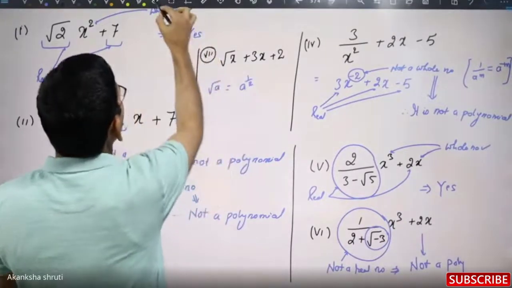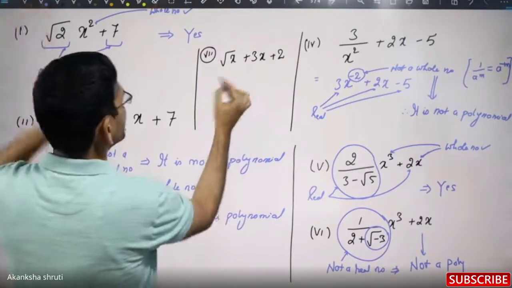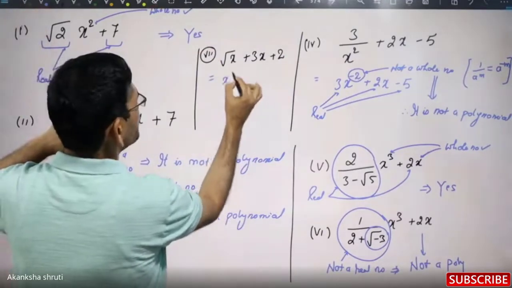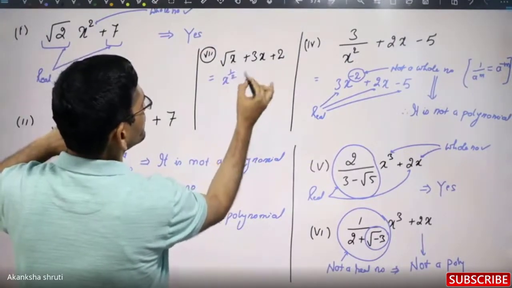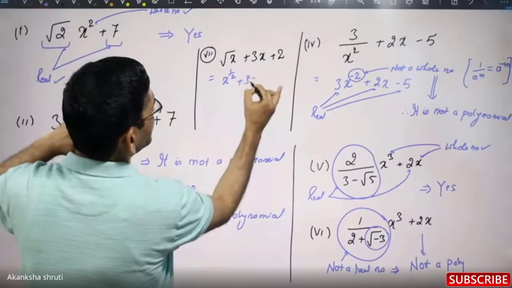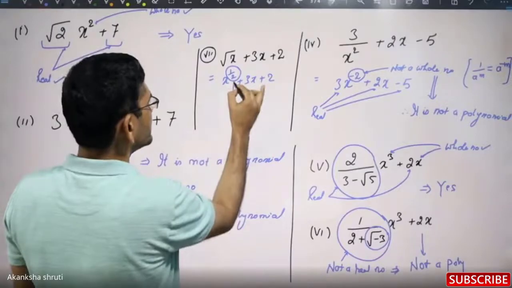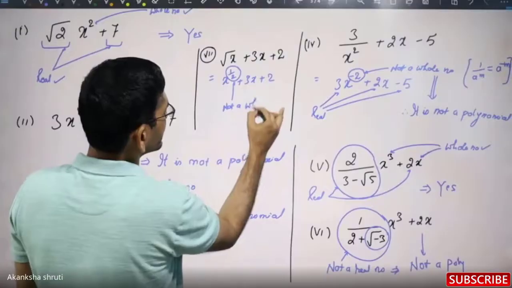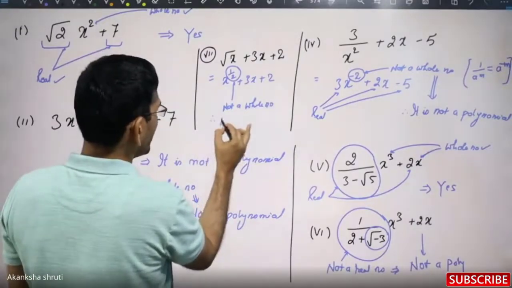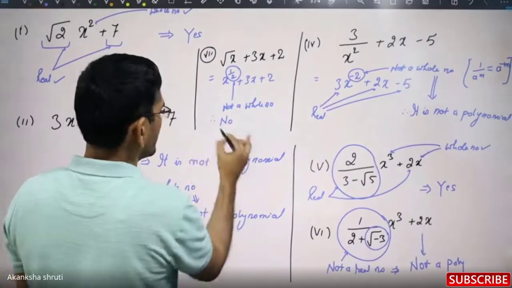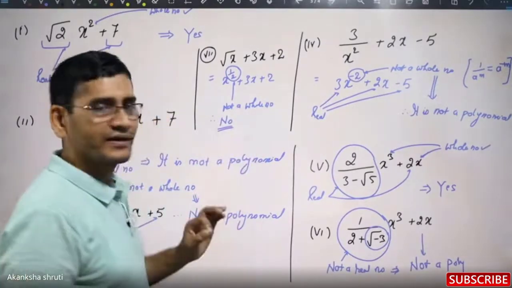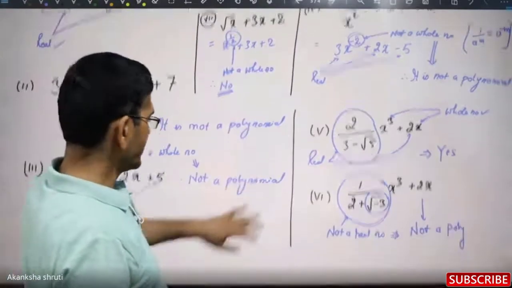It is same as x to the power 1 by 2 plus 3x plus 2. What is the power? Not a whole number. Therefore answer is no. इसलिए polynomial नहीं है. Okay student, now I think all of you have understood each and every.